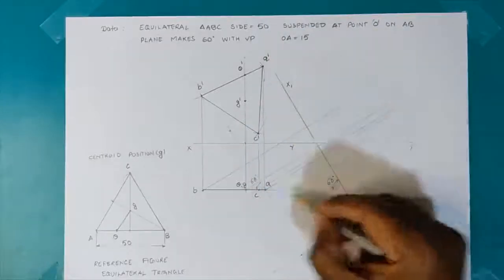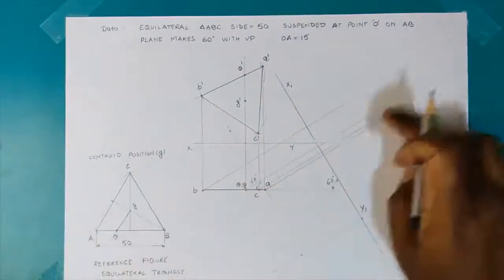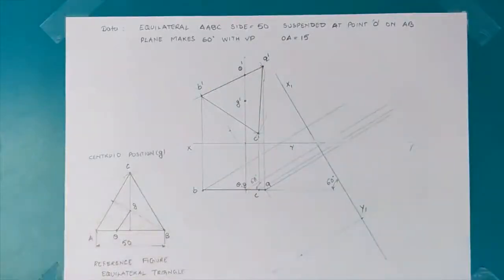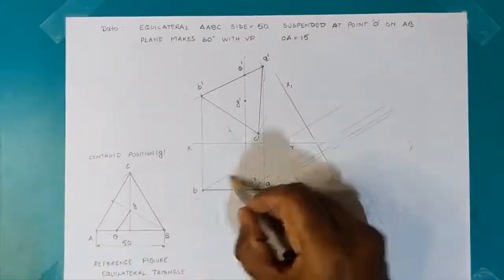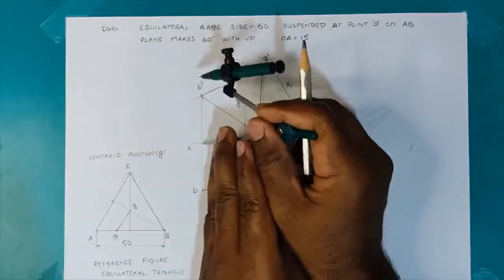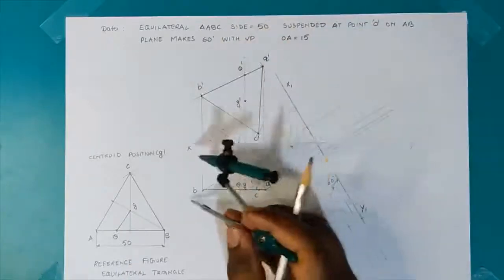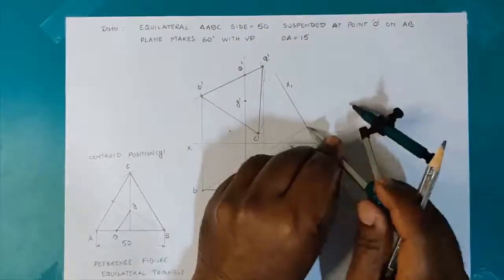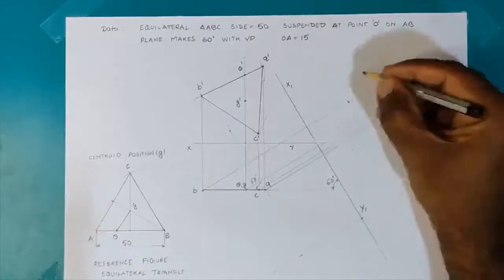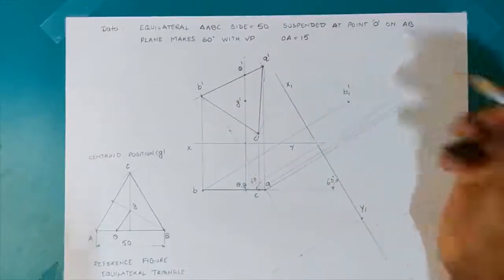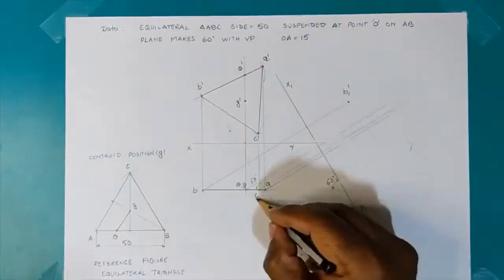Now I take distances from the front view and mark them on the projectors that I have drawn from the top. So I take distance from xy to b dash, and mark it from x1, y1 on the projector through b. So I get b1 dash.